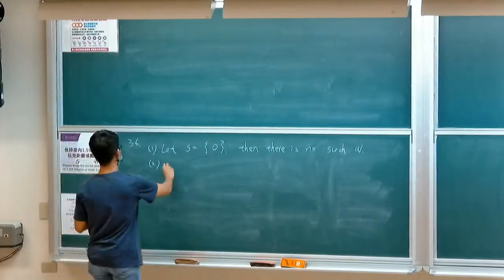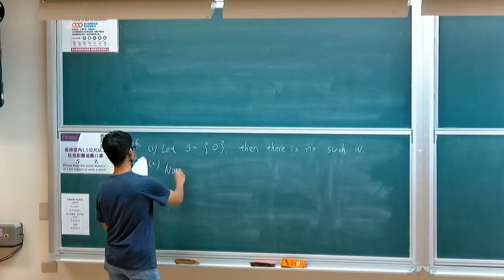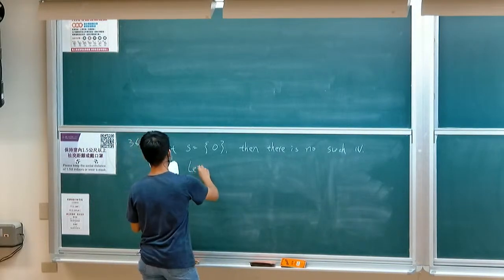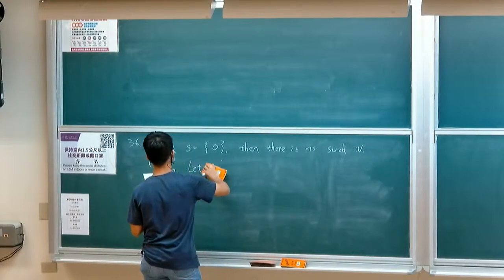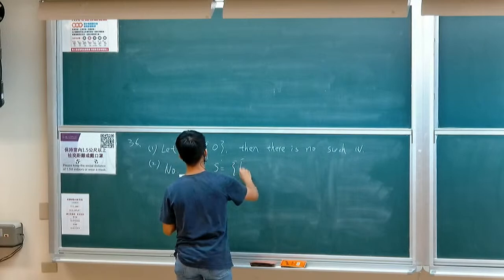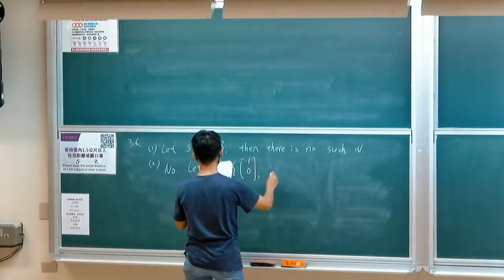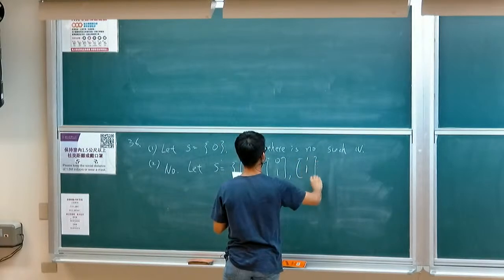Two. Actually, this part is also no. We can consider this S. If we let S contain (1,0), (0,1), and (1,1).